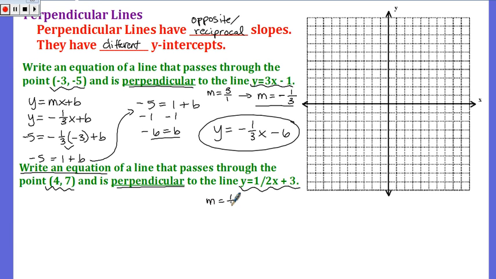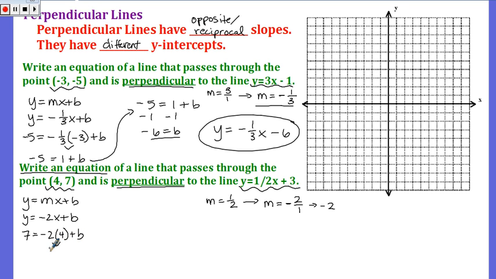If the m is 1/2, I need to do the opposite, which is going to be negative, and then the reciprocal, which is 2 over 1, but I always check for simplifying, and that would simplify to just -2. So I use my slope-intercept form, y = mx + b, and substitute in the slope I just found. Then I take my coordinates and substitute those in, the y value first, the x value second.